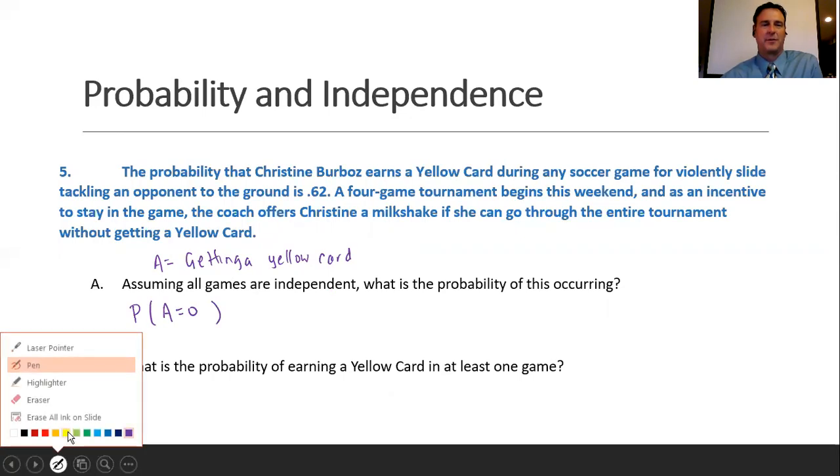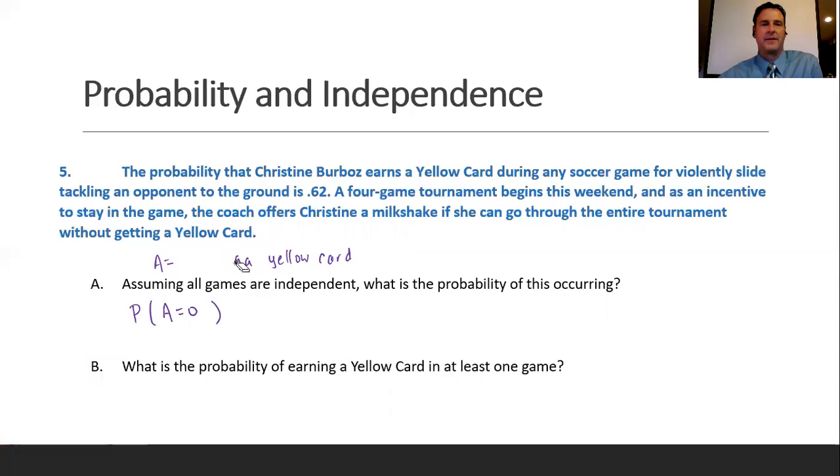I'm going to adjust this real quick. Number of yellow cards, and I want 0. There, that's better. So I've got 4 games: game 1, game 2, game 3, and game 4.